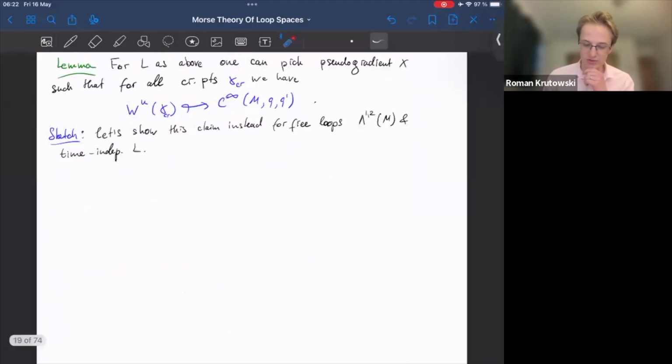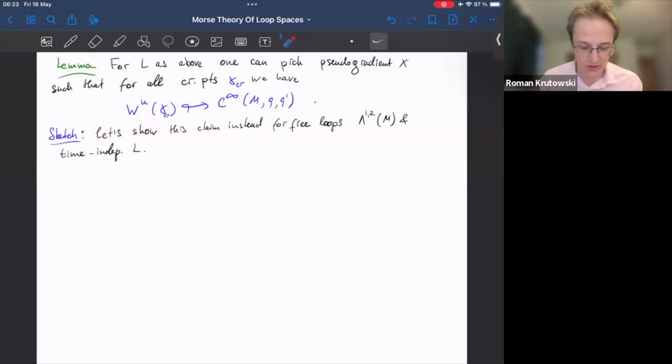One additional technical result that we'd need later is that actually for L as above, one can pick such a pseudo-gradient so that all unstable manifolds actually consist of smooth paths and not just Ω^{1,2} paths. So first, one can show that each critical point is smooth.